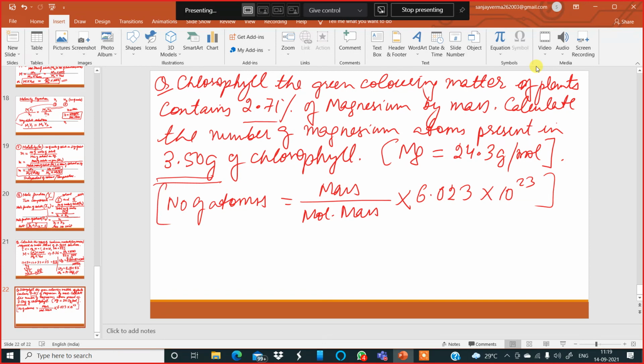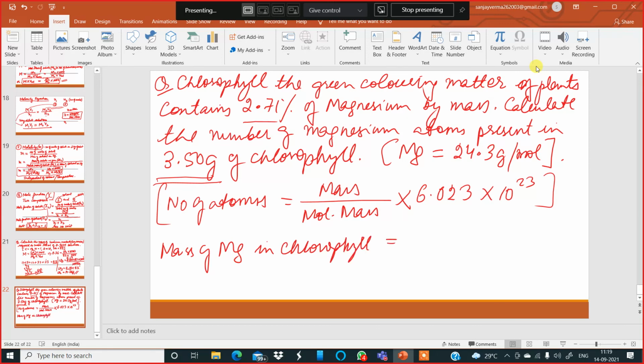But over here, mass is required. So the next thing you have to do is get the mass of magnesium in chlorophyll. Mass of magnesium in how much chlorophyll? 3.50 grams of chlorophyll.